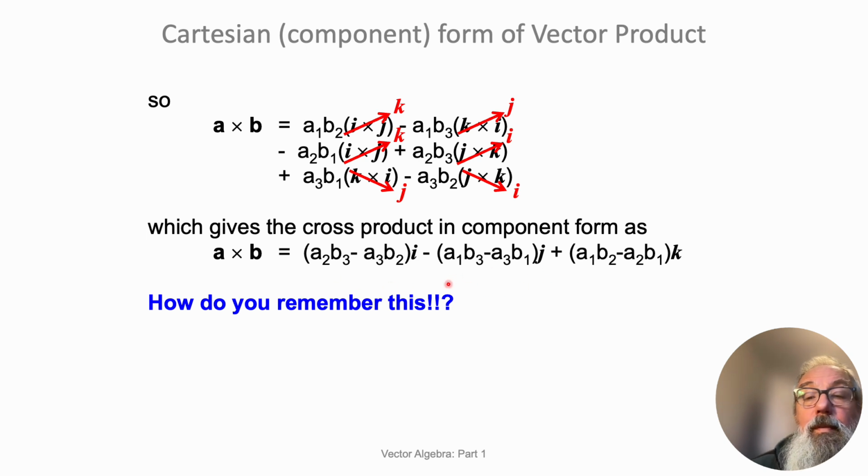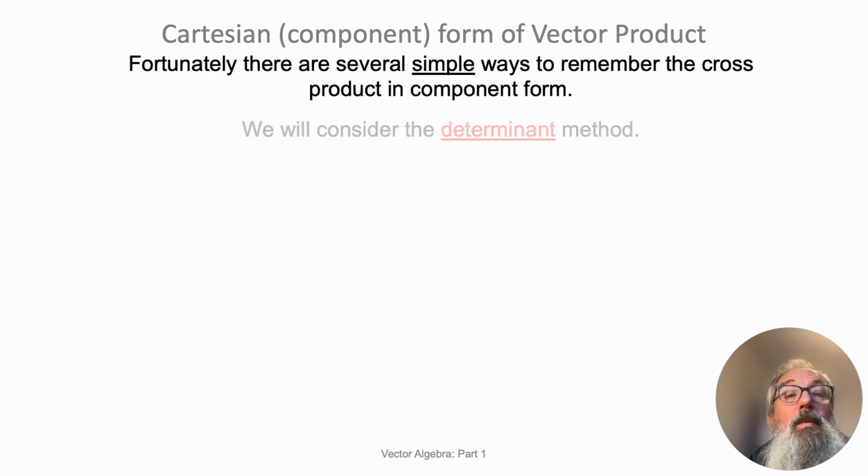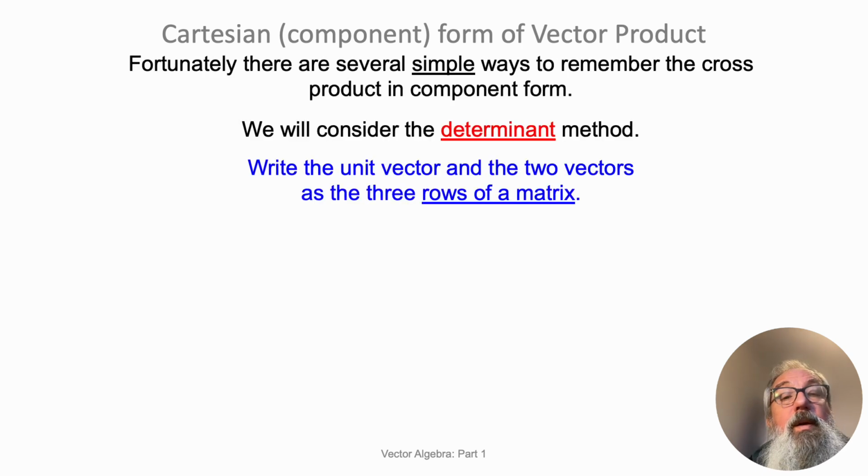How do you remember that? Well, there's various tricks and tools you can use to remember this. In an exam you'll probably have a copy of this in your slides, but it's certainly useful to remember. So one way of remembering this is the so-called determinant method.